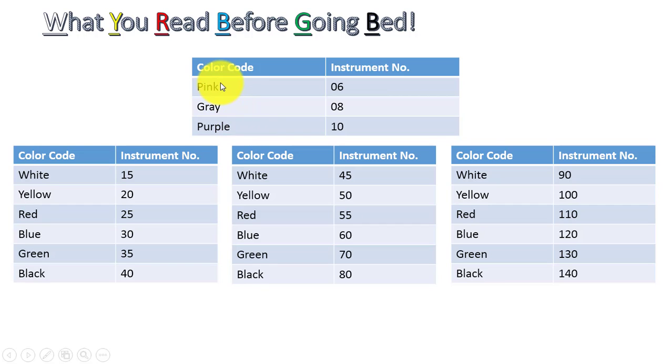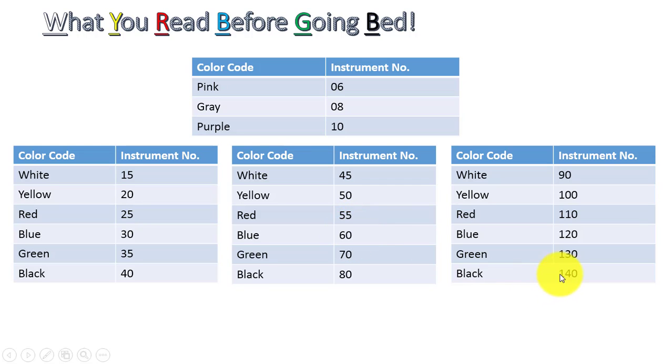You can remember it as PGP: pink, gray, purple. From 10 to 60, there is an increase in 5 units. For example, 10, the next one is 15, 20, 25, 30, 35, 40, 45, 50, 55, 60.